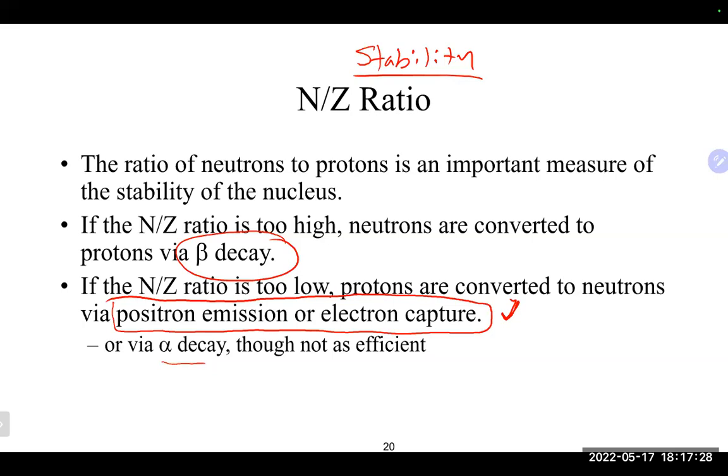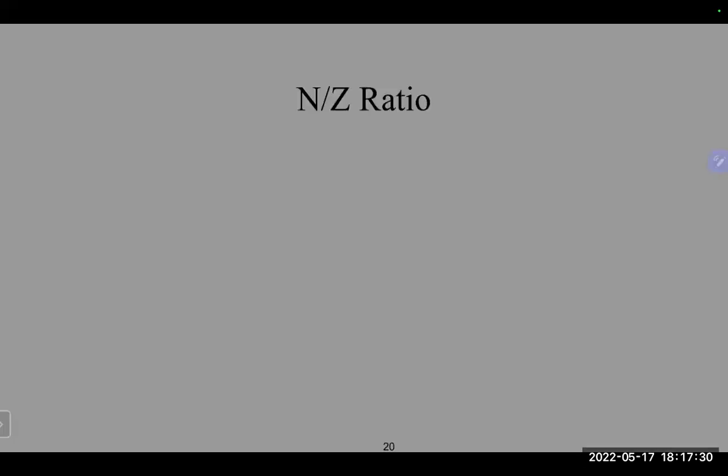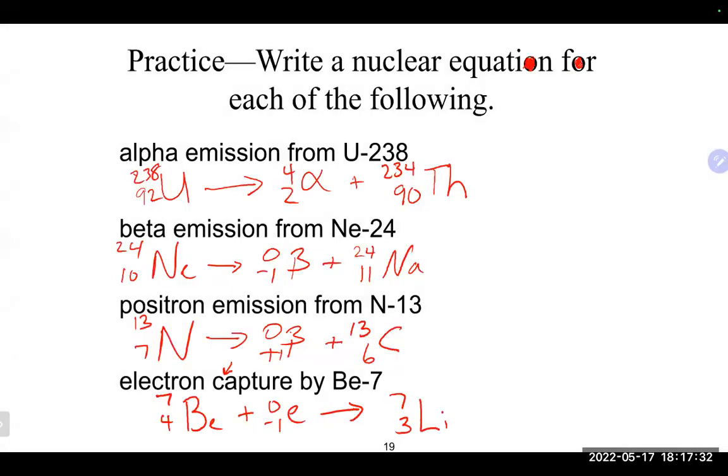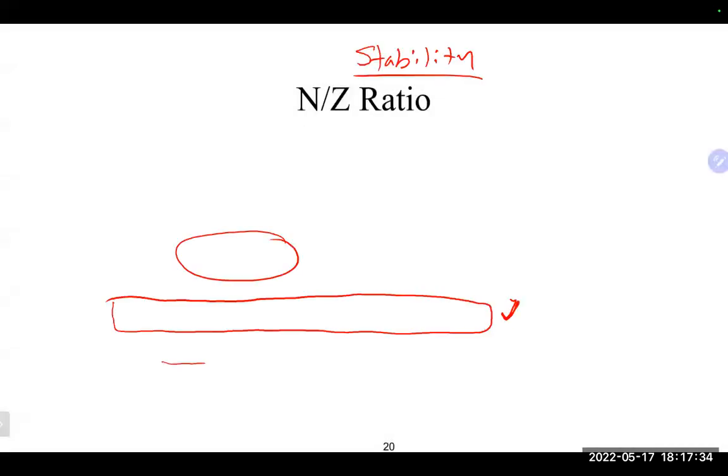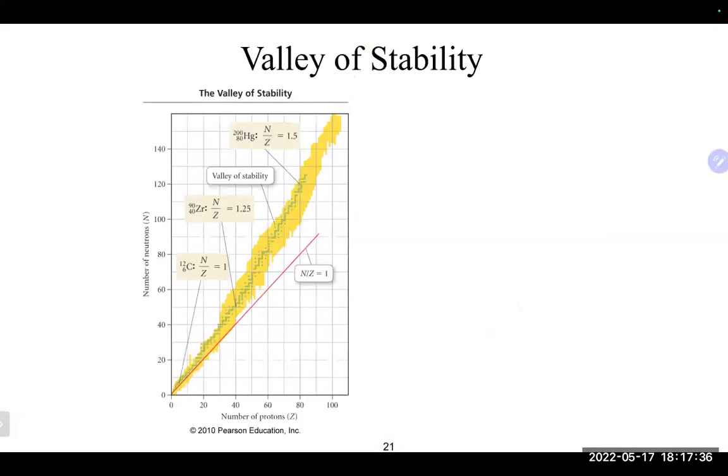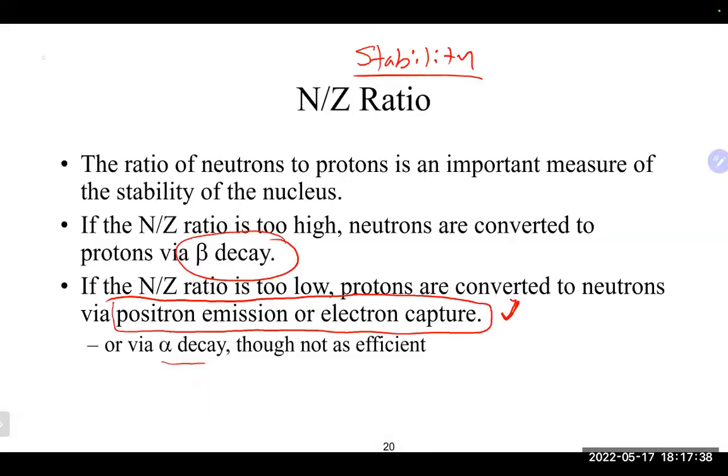Now you may say to yourself, is there a difference in terms of what you get? So let's take a look at our beryllium 7 that we just did a second ago. And again, we went with an electron capture in this case, and we ended up with 3, 7, lithium.